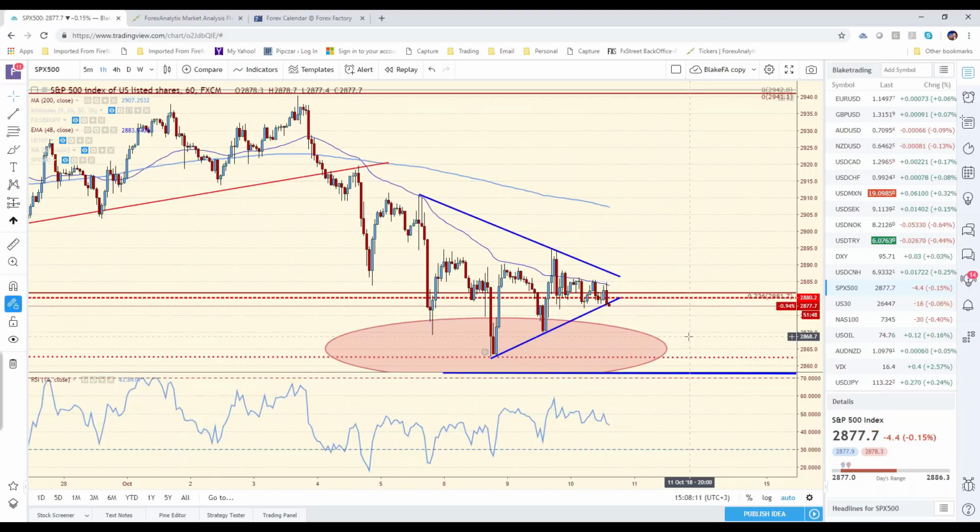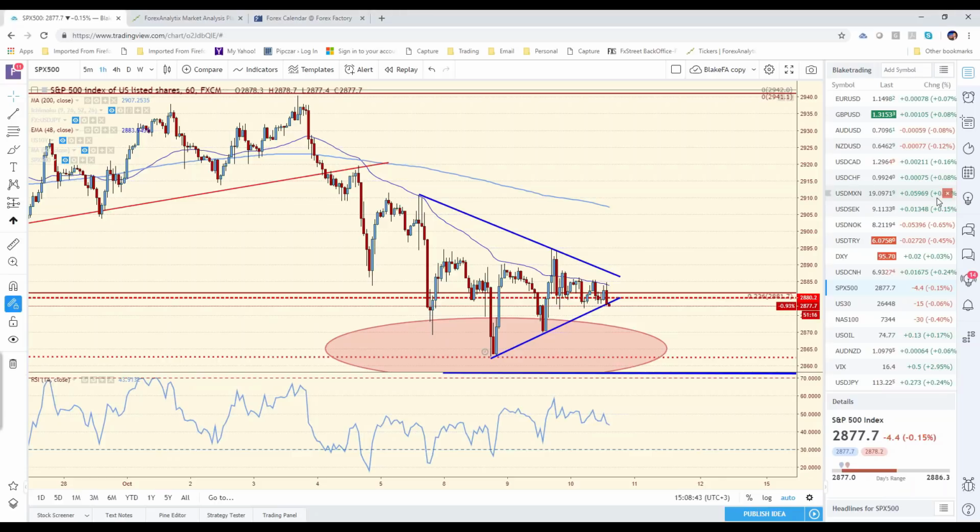So the risk is, if the S&P is about ready to break lower, which it looks like it could, then the question is what happens to the dollar, because I would think the dollar is set up for a move higher if that's the case, because it looks like the market's ready to make another move again here.